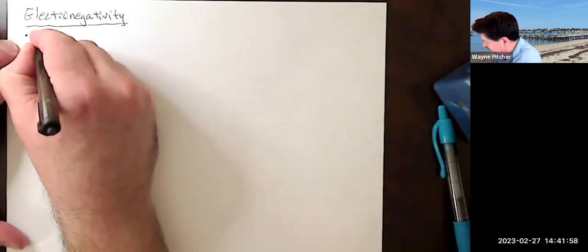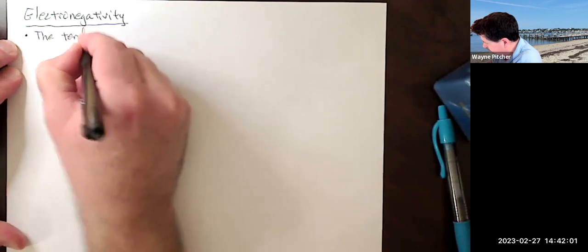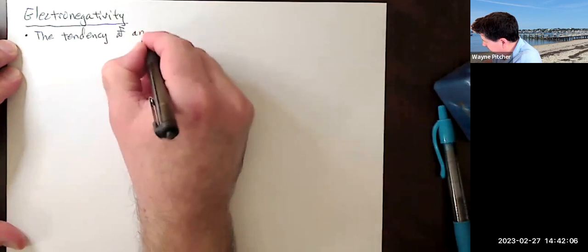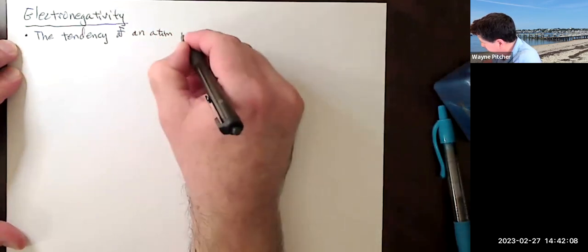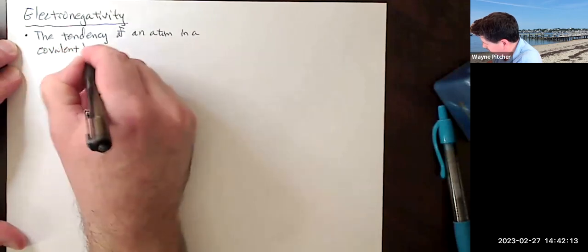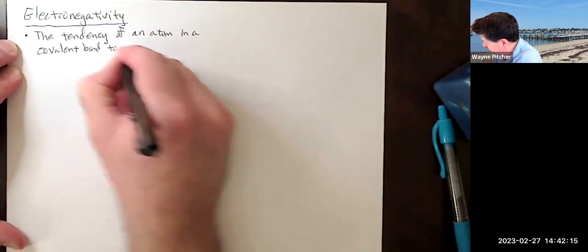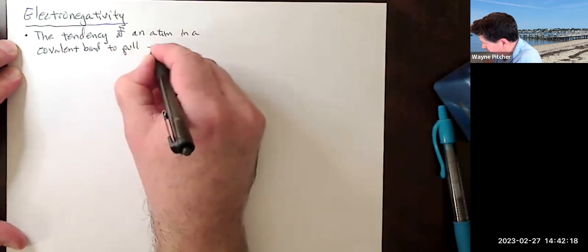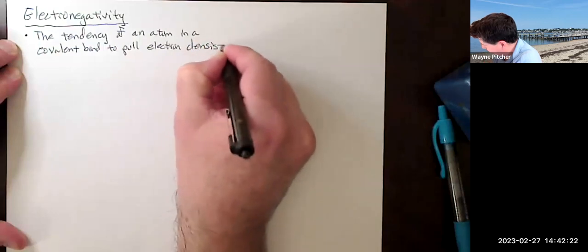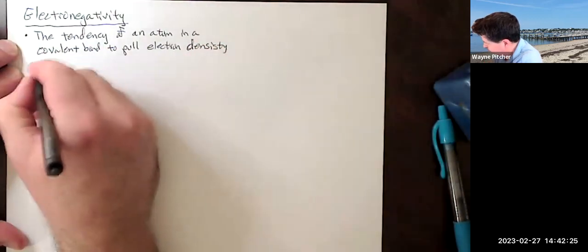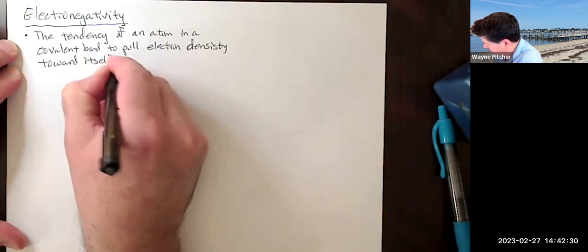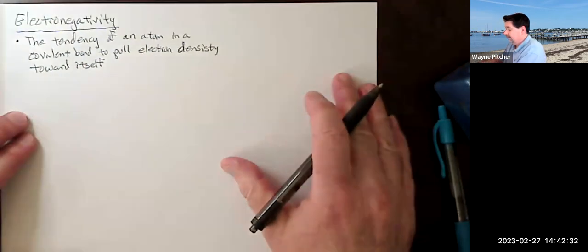Electronegativity is the tendency of an atom in a covalent bond to pull electron density toward itself. Let me read that again.